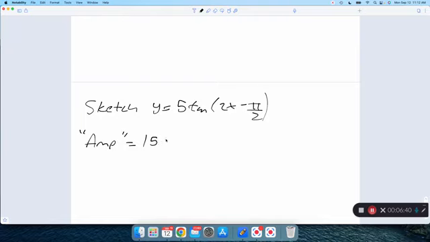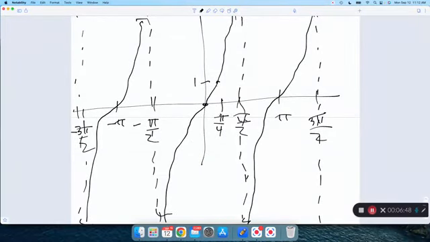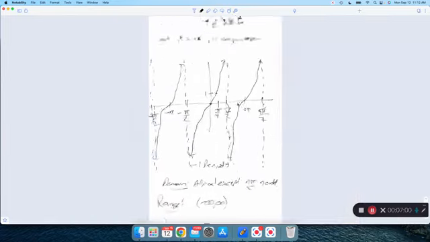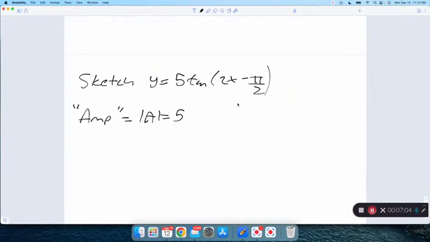Absolute value of A, the number in front. So 5. That's how high this point is going to be. That's the last thing we're going to put on, this height right there of that spot that's halfway in between here. And I call it amplitude in quotes because it's not really an amplitude.